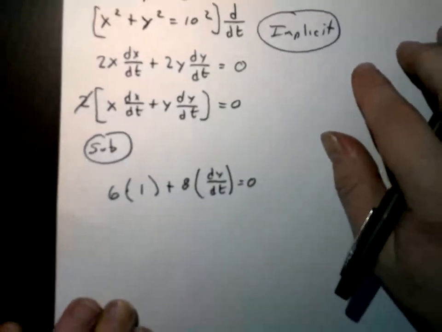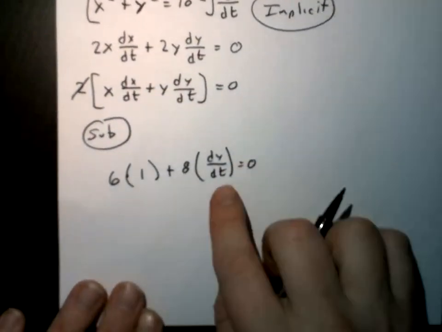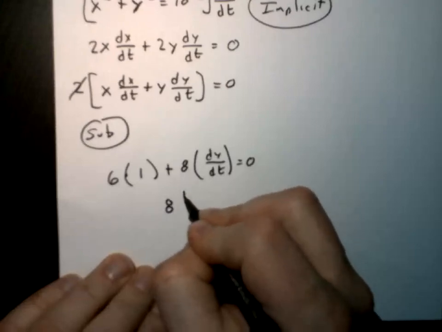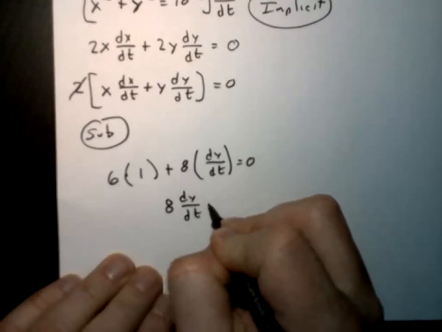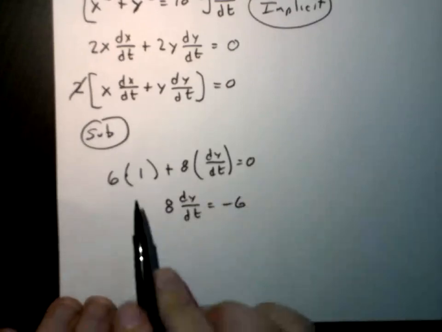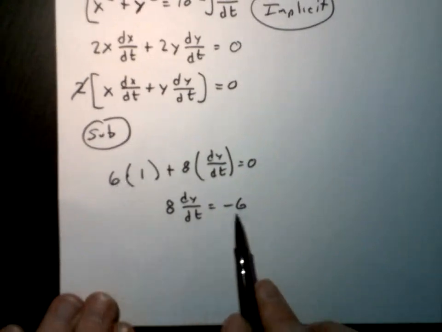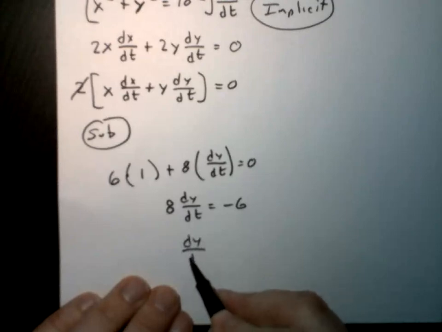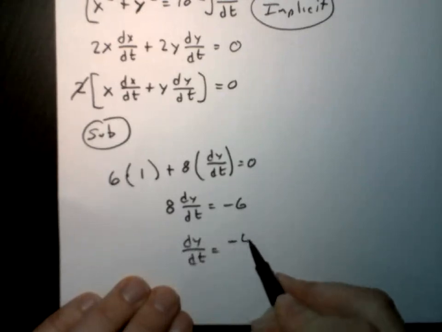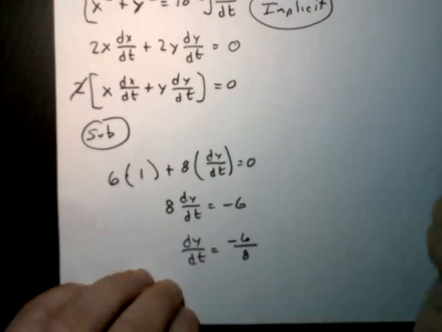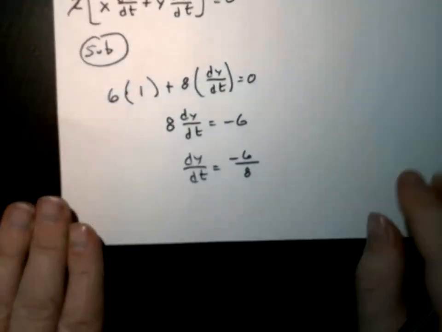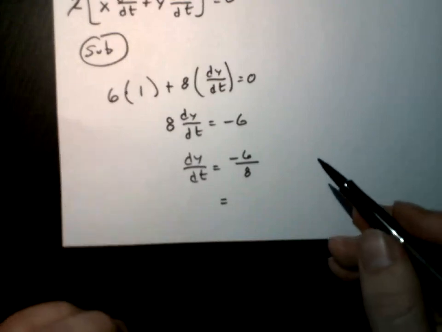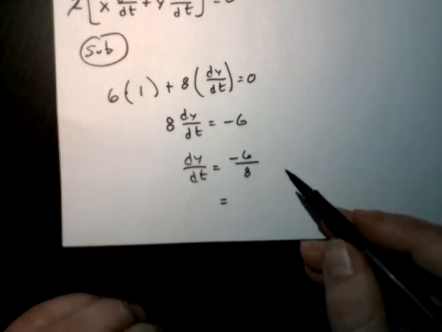So do a little bit of math here, and we can move this over. You're going to have 8 dy dt equals negative 6, move over. Now you're going to have dy dt, which is negative 6 over 8. What I would do is simplify this a little bit more to make it easier to conceptualize.